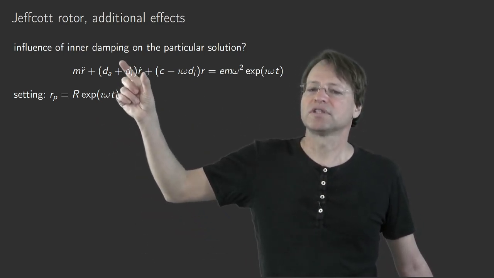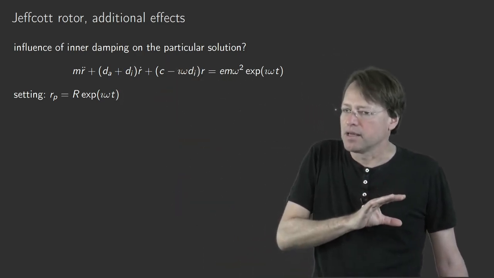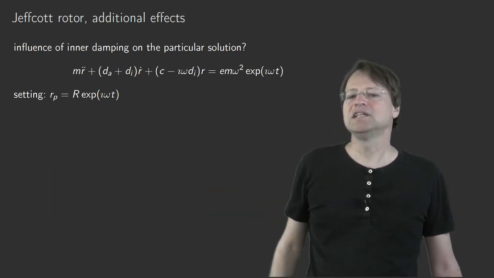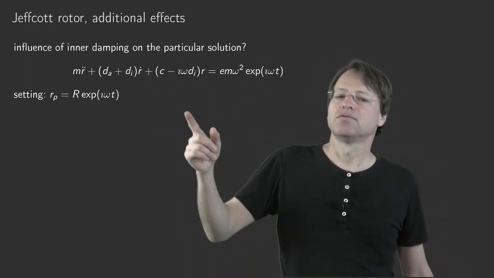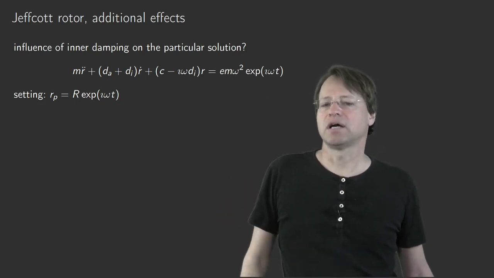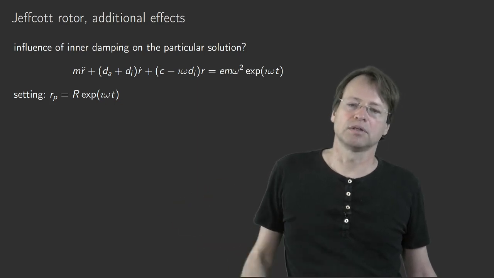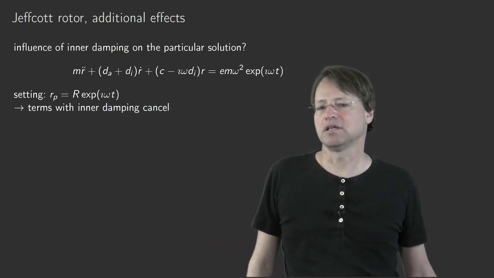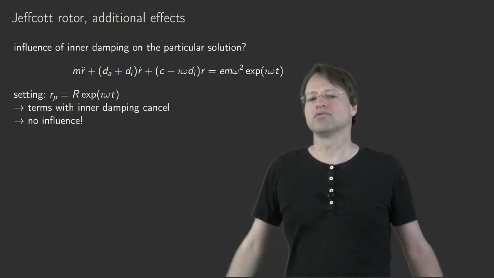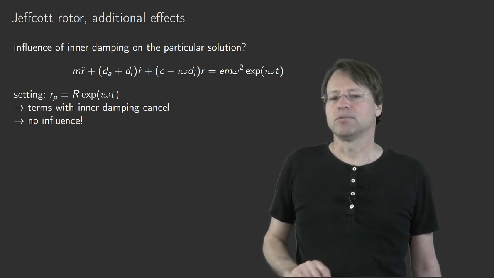So what you observe is that both contributions cancel, and therewith the whole parameter di does not play any role for that equation anymore. The particular solution will be independent of the inner damping. So the terms with inner damping cancel, and there is no influence.